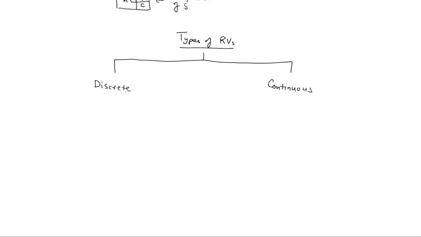Okay. How do you define a discrete random variable? A discrete random variable partitions the sample space S into countably many subsets.